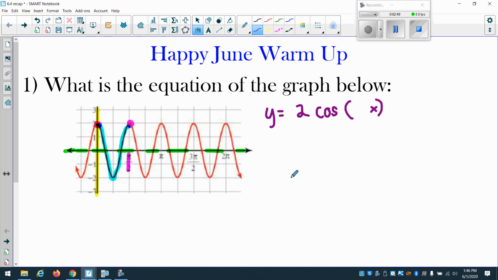So to find the b value, we know the period is pi over 2. And we know the formula for a period is 2 pi over b.